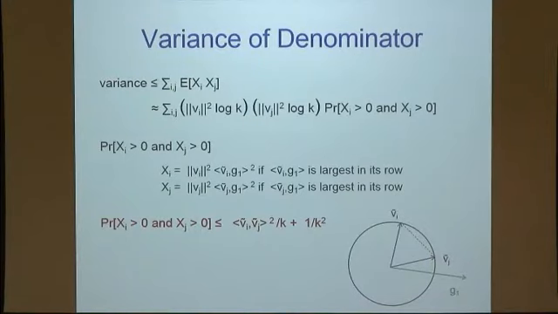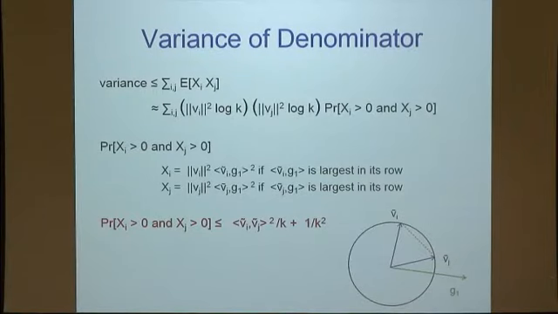So again, keep this picture in mind. Let's consider the two boundary cases. First, when vi tilde and vj tilde are orthogonal to each other. In that case, these two random variables xi, xj are totally independent, so the probability that both of them are greater than 0 is 1 over k square, right?